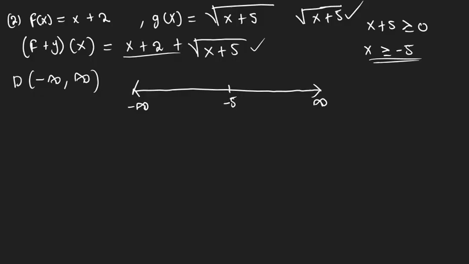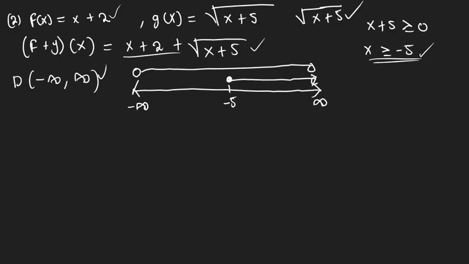Now notice that for the first domain, for the polynomial, we are coming from an open circle at negative infinity all the way to an open circle at positive infinity. And then for this one, it should be greater than or equal to negative 5, so we are going to positive infinity, like this.